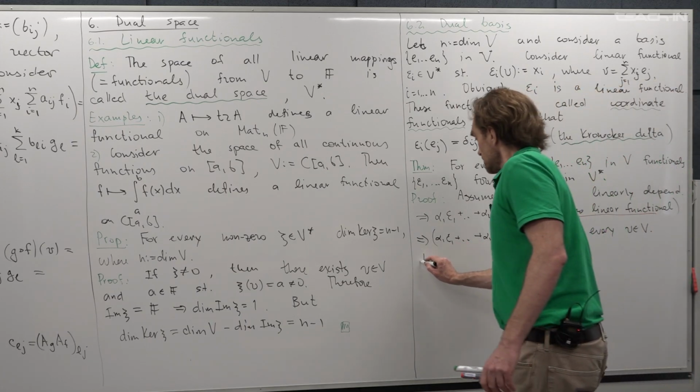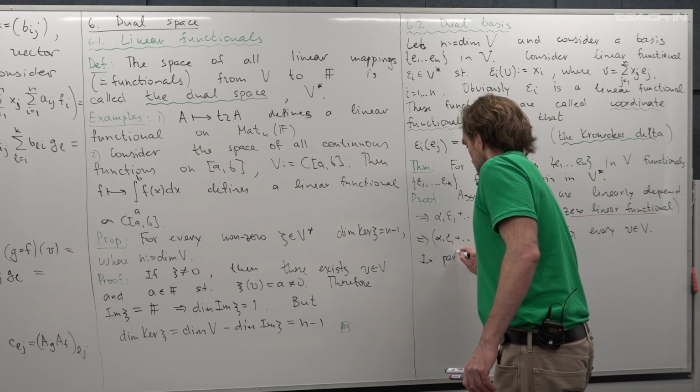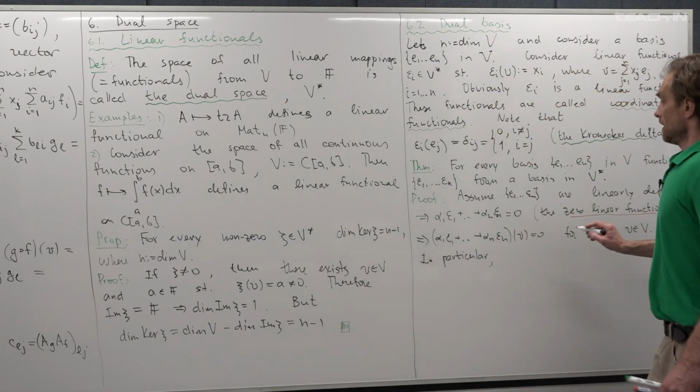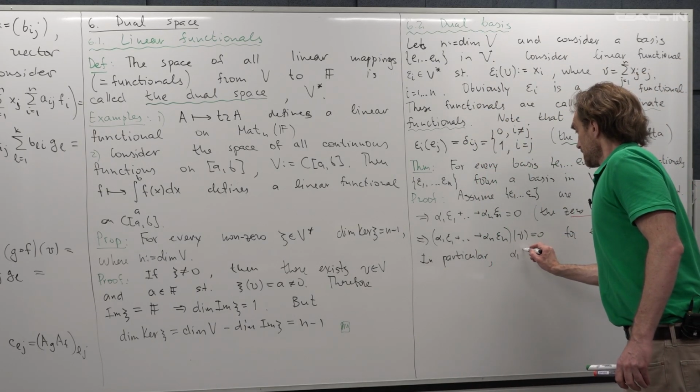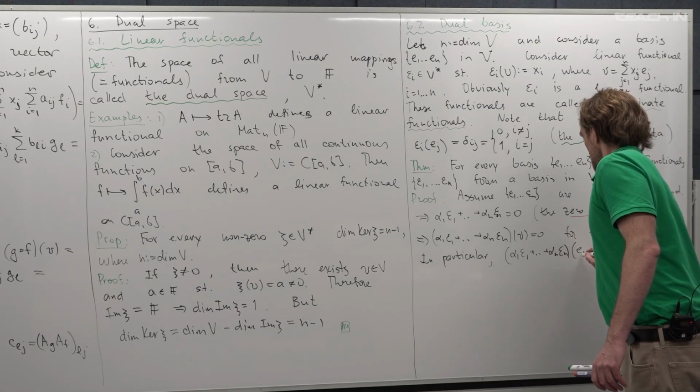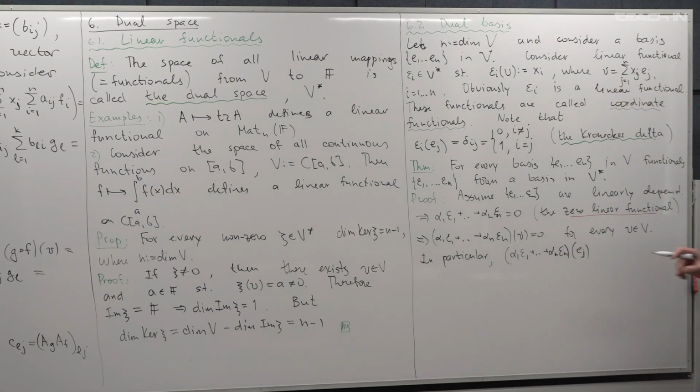And in particular, apply this linear combination of functionals to E sub j, to a vector from the basis that we consider.